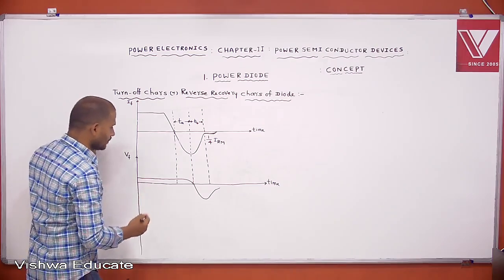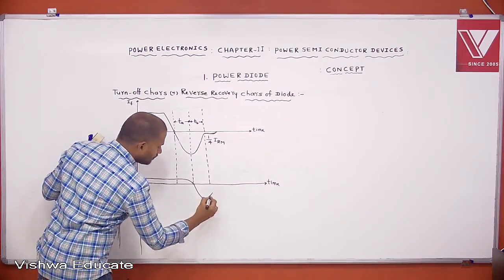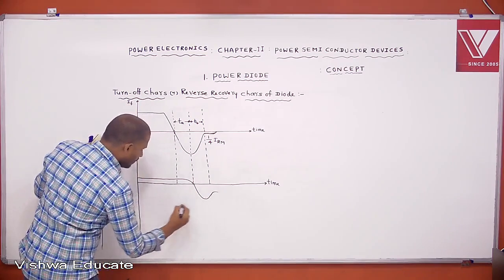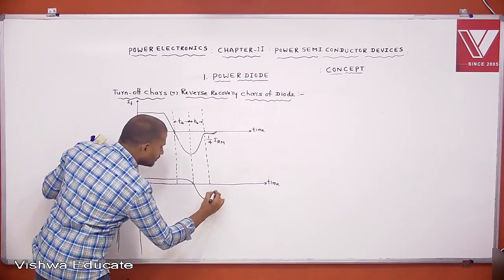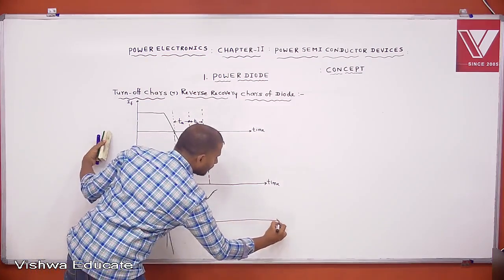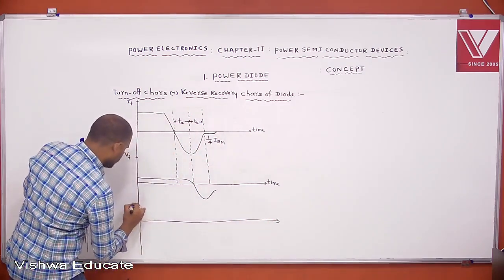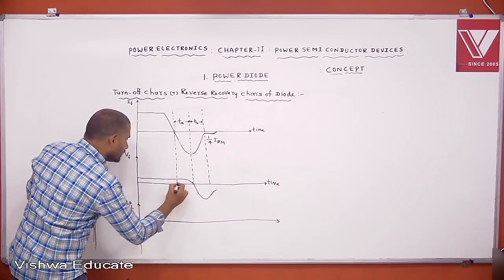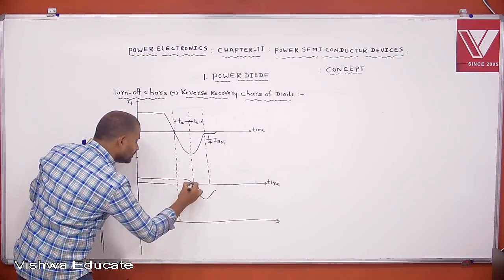Then we go through how to draw the power loss. This is the power loss in a diode.